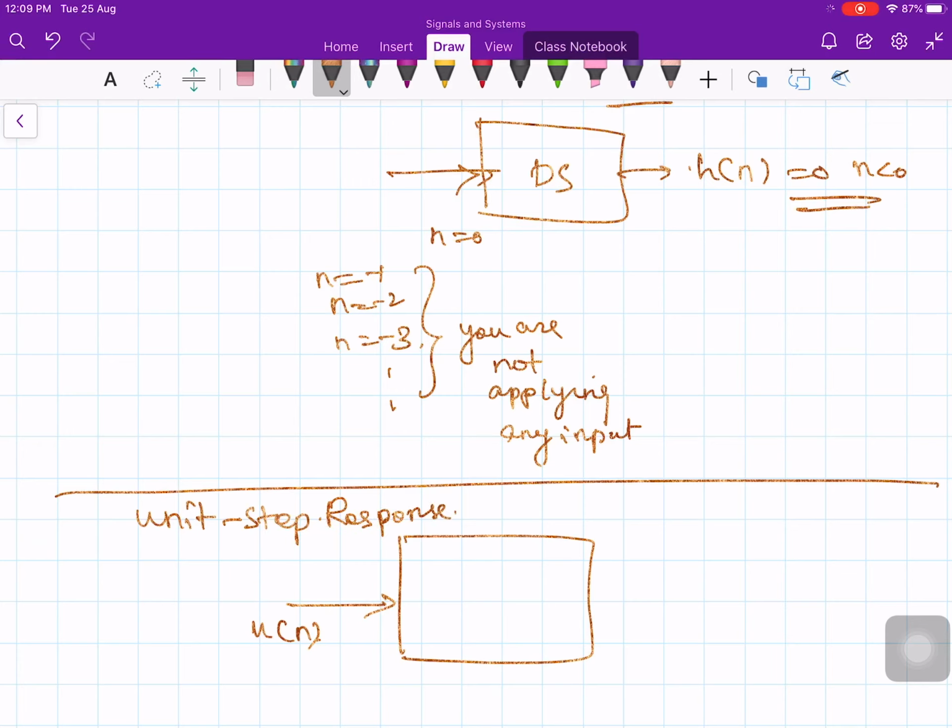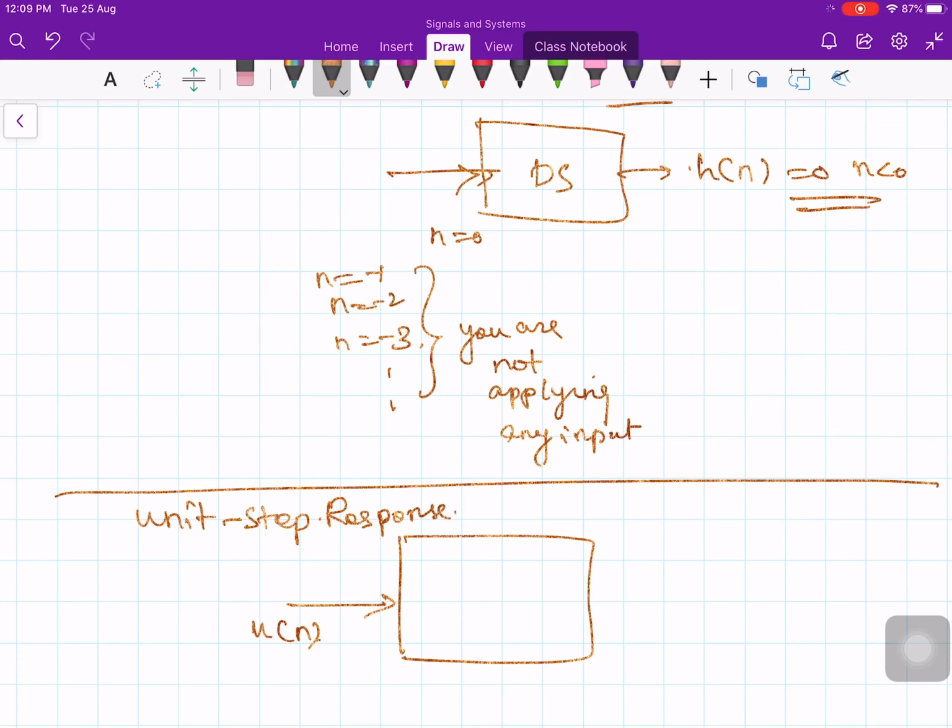Let's say y of n is equal to sigma L equals minus infinity to n x of L. L is going from minus infinity to n. It is an accumulator. It accumulates data. Okay. So now the question is, what is the impulse response of this accumulator? So basically what we are saying is, this is your x of n.